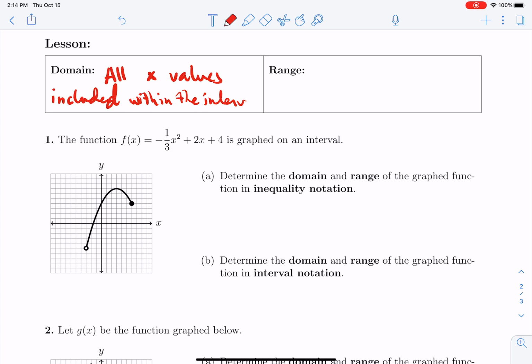I guess you could say the defined interval. The range represents all the y values included in an interval.